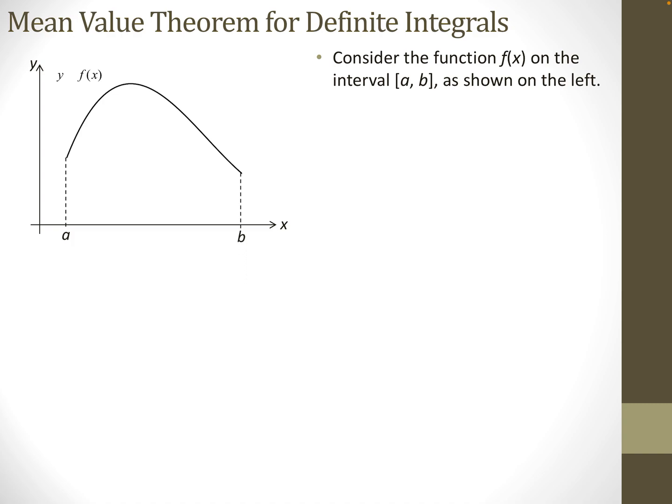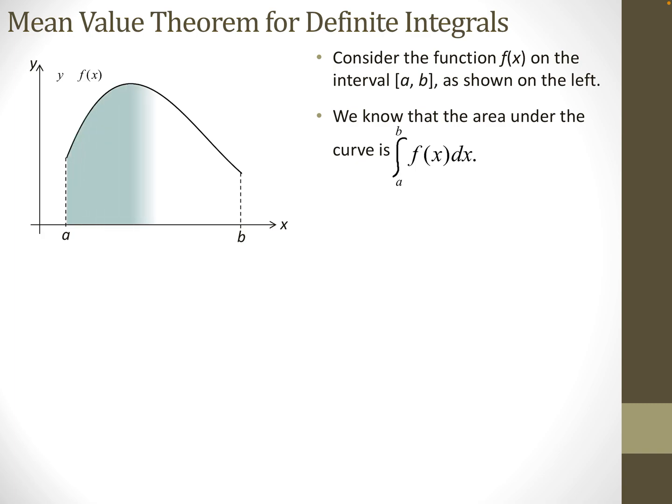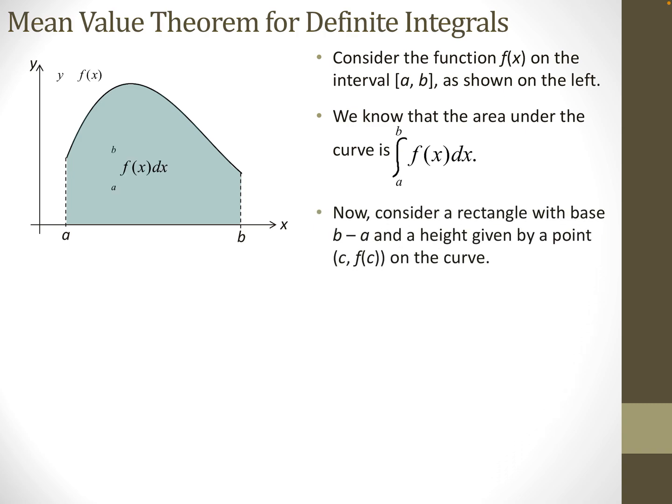And again, the picture's similar to other pictures we've made. Some function that is defined on some interval a to b. Now, we know that the area under this curve, the net area, is the integral from a to b of f at x dx. So there's the whole area there. Now, I want you to consider a rectangle whose base is b minus a and height given by some point on the curve.